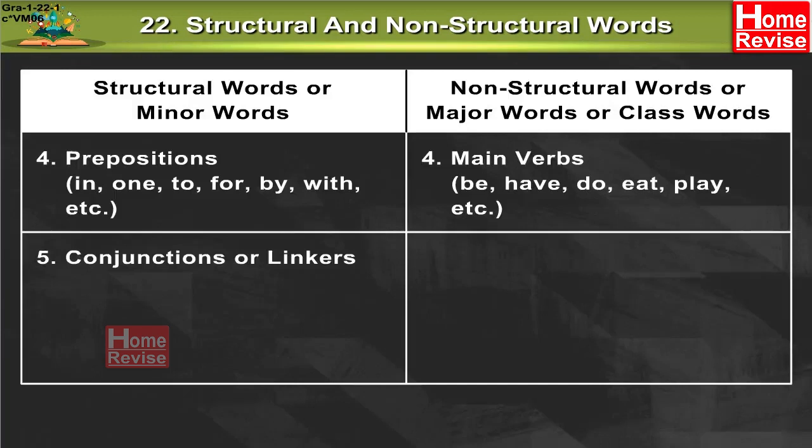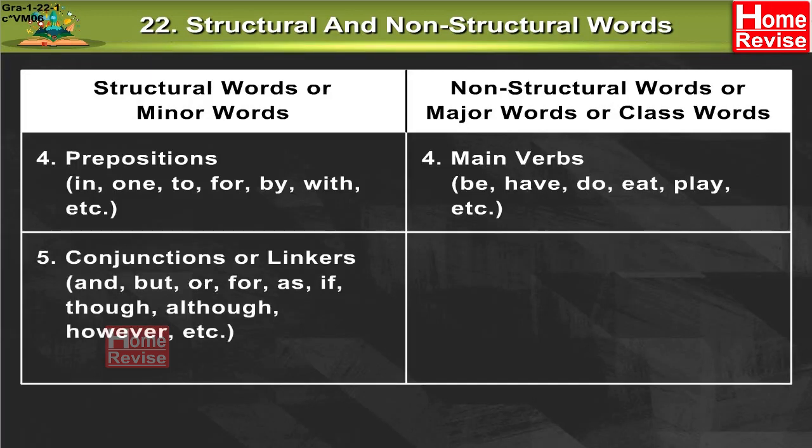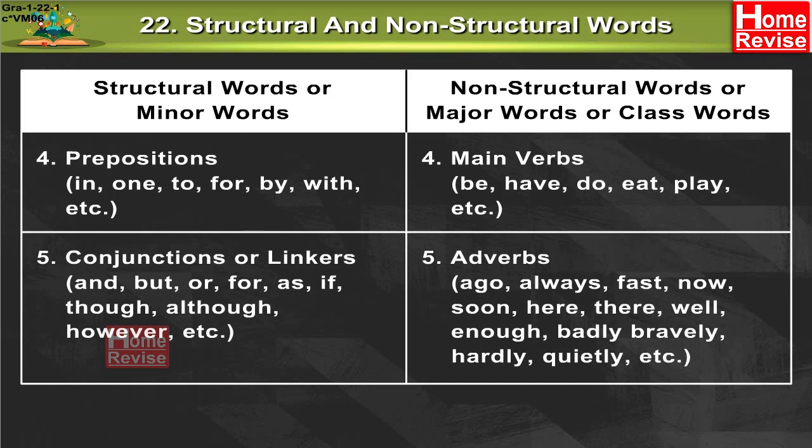Conjunctions or linkers: and, but, or, for, as, if, though, although, however, etc. 5. Adverbs: ago, always, fast, now, soon, here, there, well, enough, badly, bravely, hardly, quietly, etc.